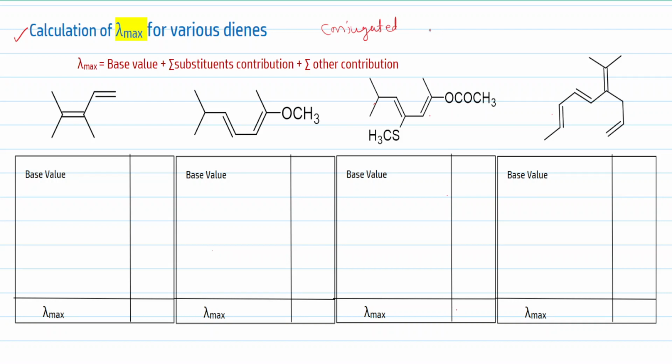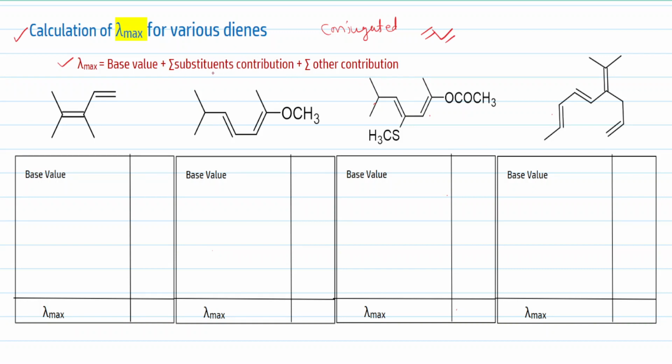A conjugated diene means having a structure like this: double bond, single bond, double bond. It means that two double bonds must be separated by one single bond. For the calculation of lambda max, we use this formula: lambda max is equal to the base value plus substituent contribution plus other contribution.